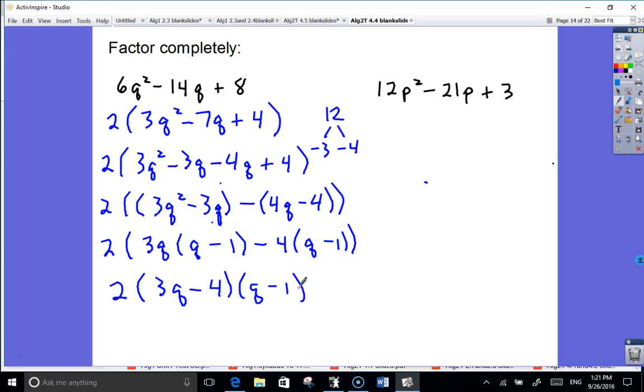Is there a greatest common factor? It looks like there's a 3, so we take out a 3. 4p squared minus 7p plus 1. So we've got to do that same check. Is it factorable? Are there factors of a times c that add up to b?